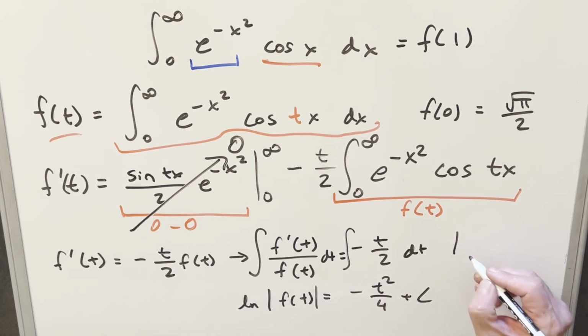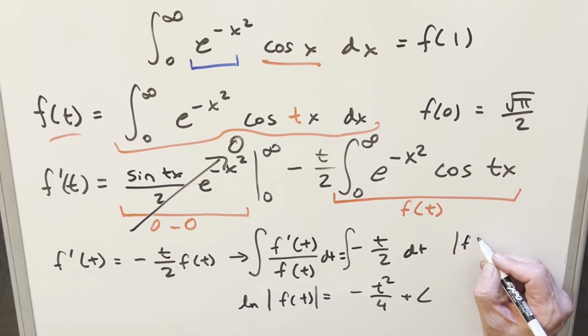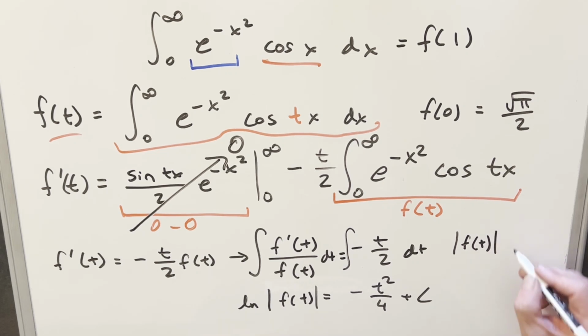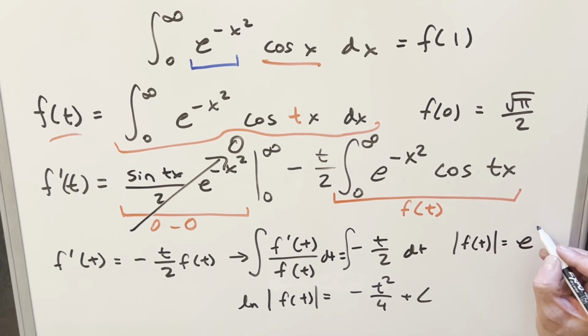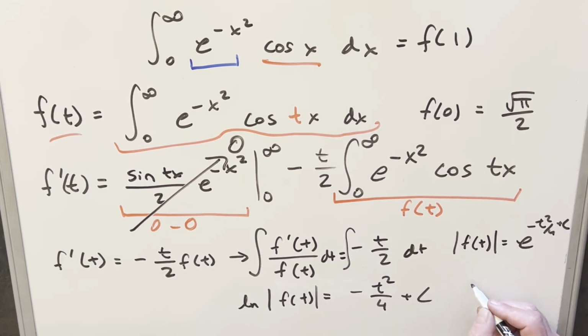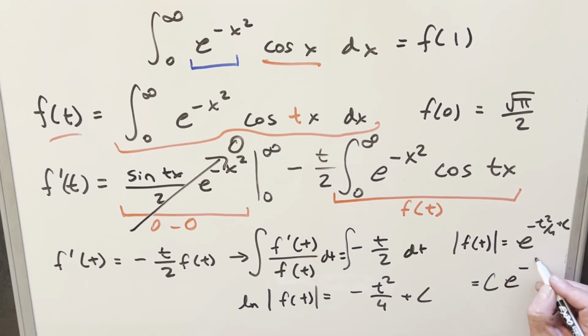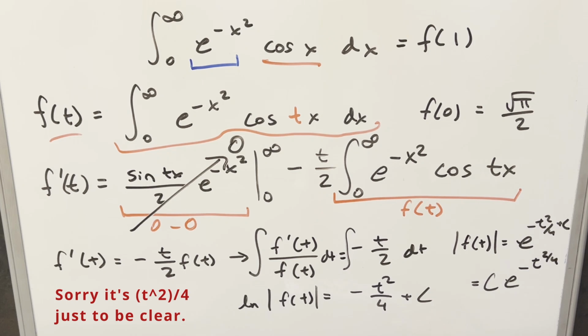So using log properties over here, what we can do is rewrite this: the absolute value of f of t is equal to e to the minus t squared over 4 plus c. But then with the plus c in the exponent, that's going to be the same as e to the c, which is just another constant. So we can write this whole thing as c times e to the minus t squared over 4.